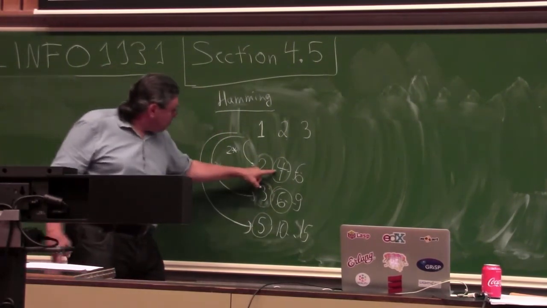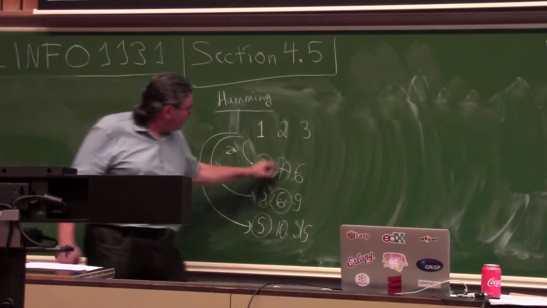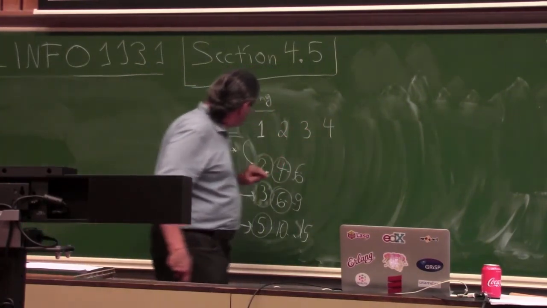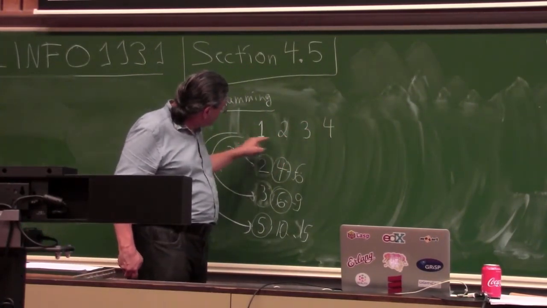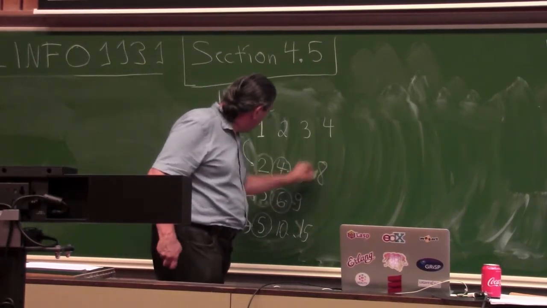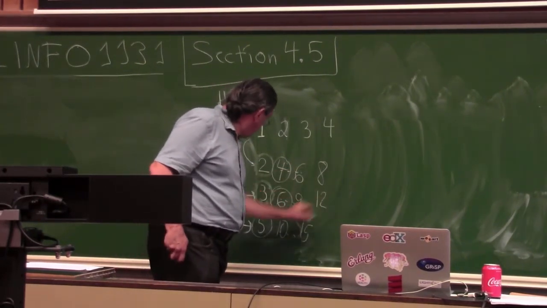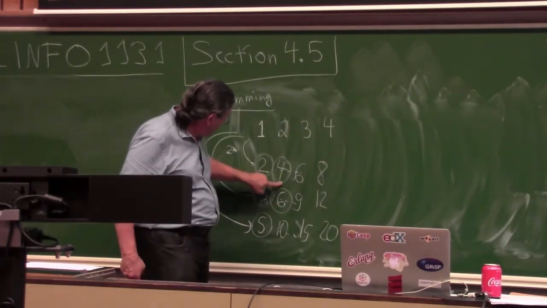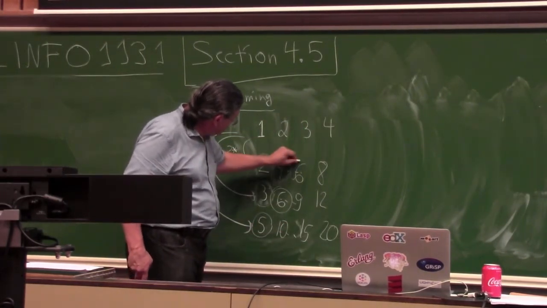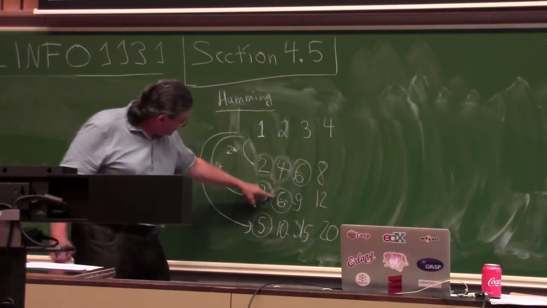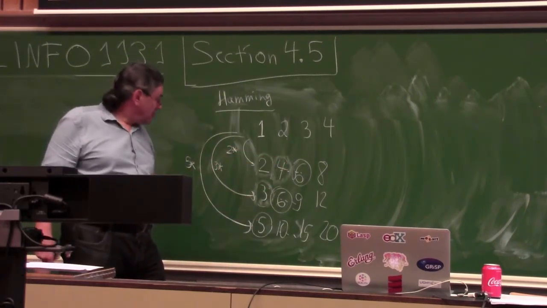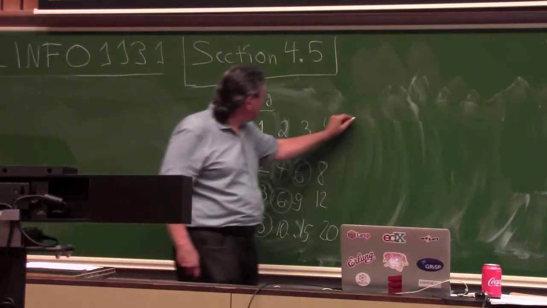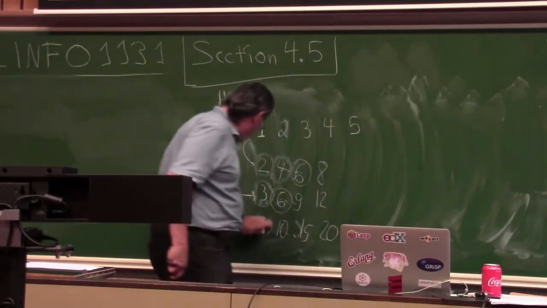And I take the minimum of these 3, which is 4, and then this will update the sequence, so 2, 4, 6, 8, 3, 6, 9, 12, 5, 10, 15, 20. The 4 now is used, so I move up. And now I have 6, 6, 5. So the minimum is 5, so I take the 5. And it goes like that.